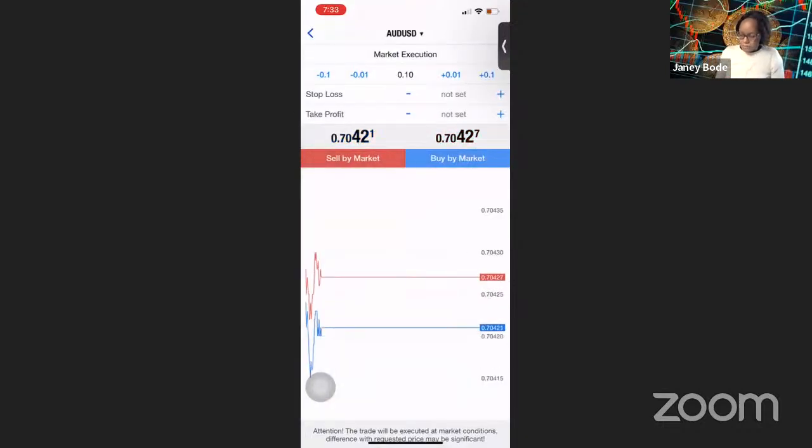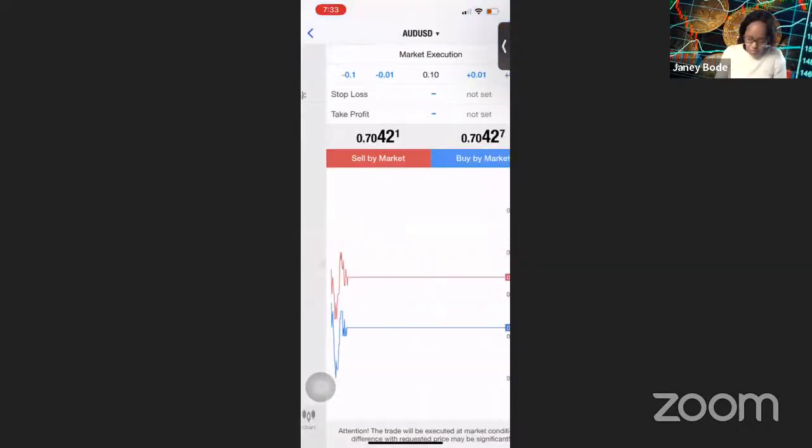Okay, now I'm going to show you two ways. Watch this very closely. We're going to make an assumption that this trade might be a little bit of a problem.